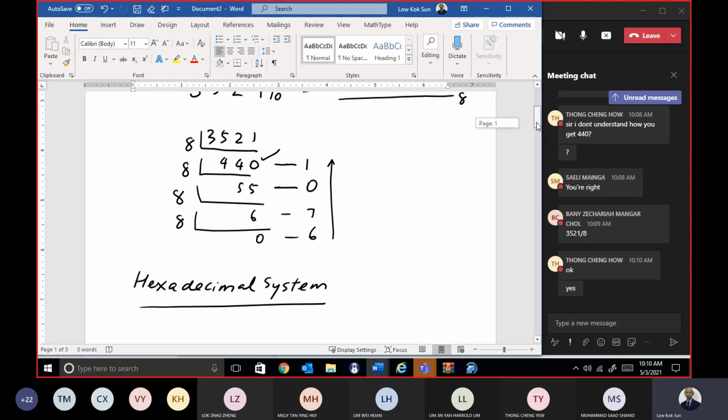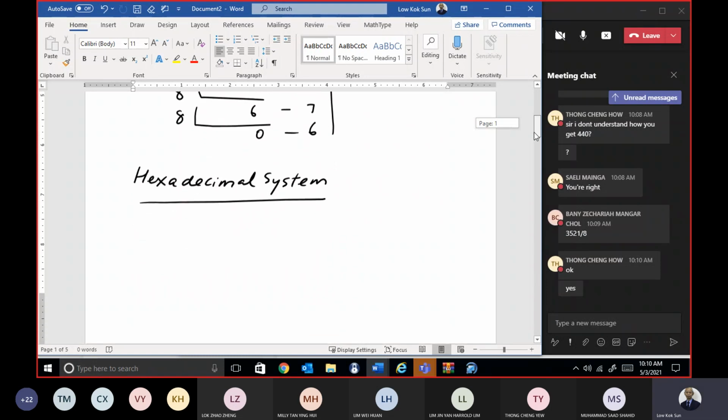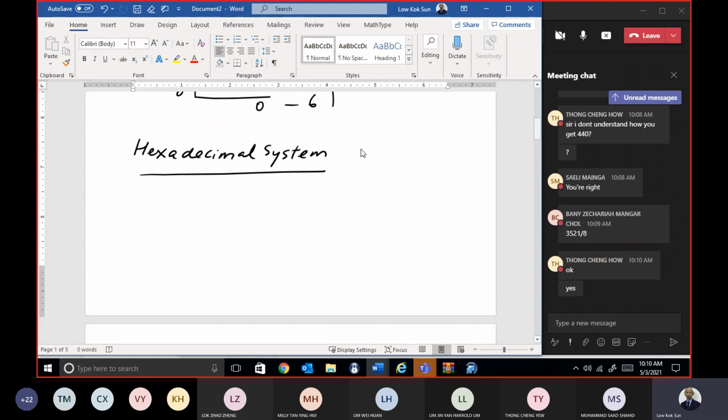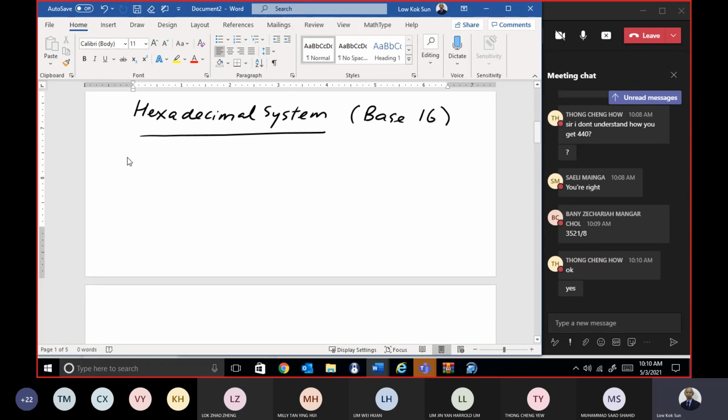Let us go to hexadecimal. Hexa means 16, so it's base 16. Now base 16, as we know, from the beginning I set up a kind of repeating for all of us. When you go into other systems, the same thing repeats. You also answered correctly just now.